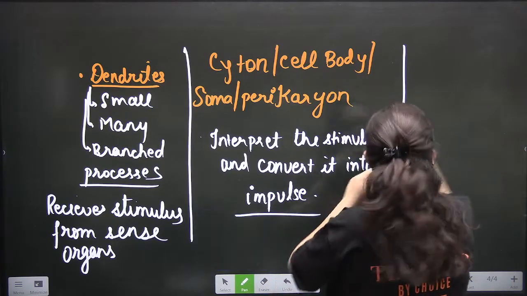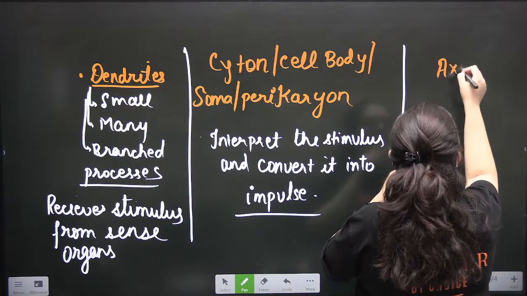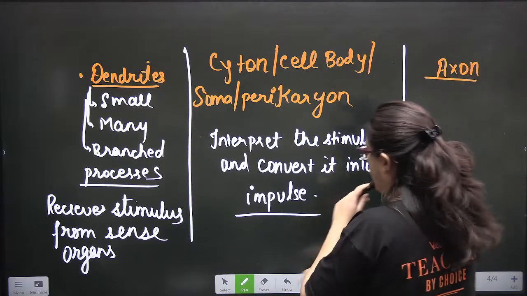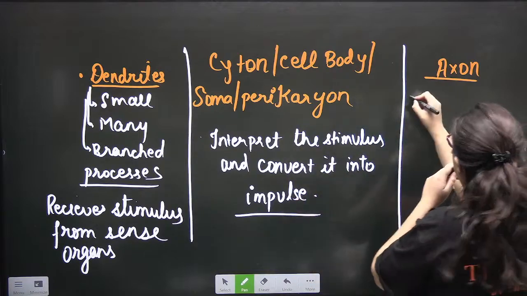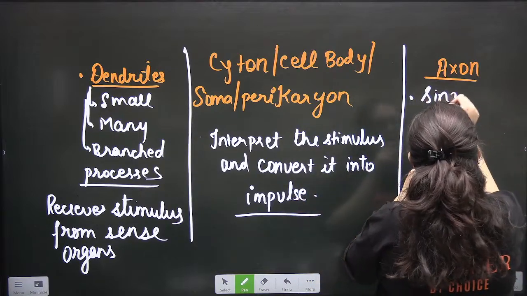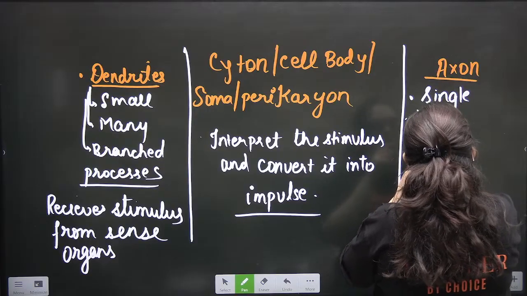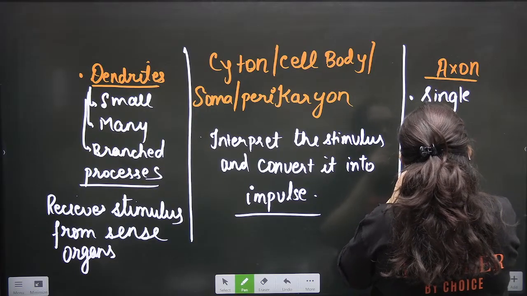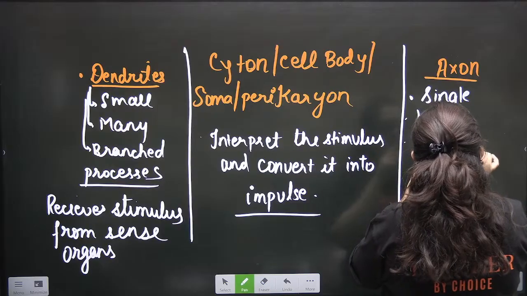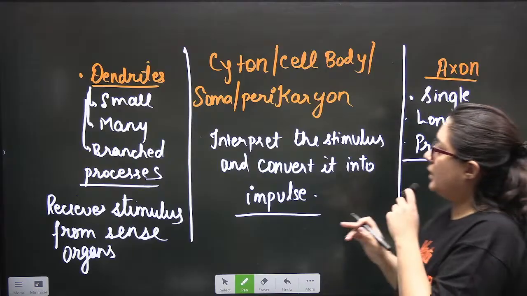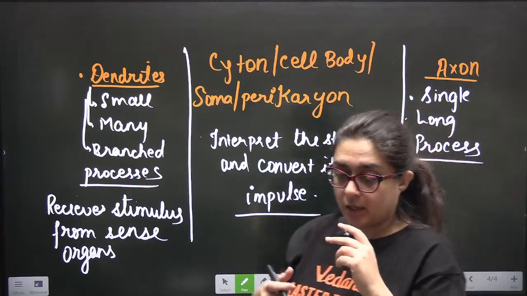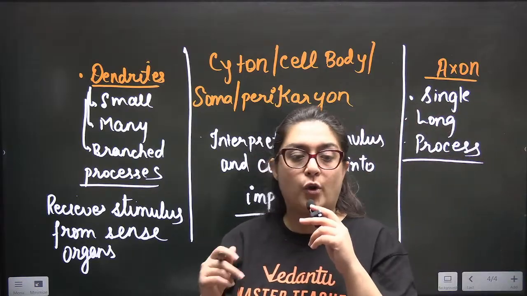Then axon. Axon is a single long process. Done. Now here, as cyton transfers the impulse to axon, what is the purpose of axon?